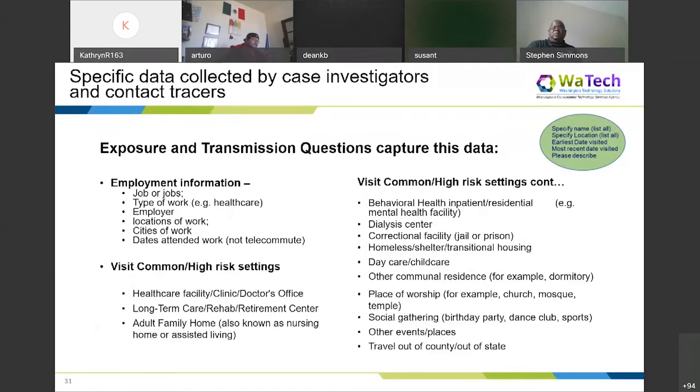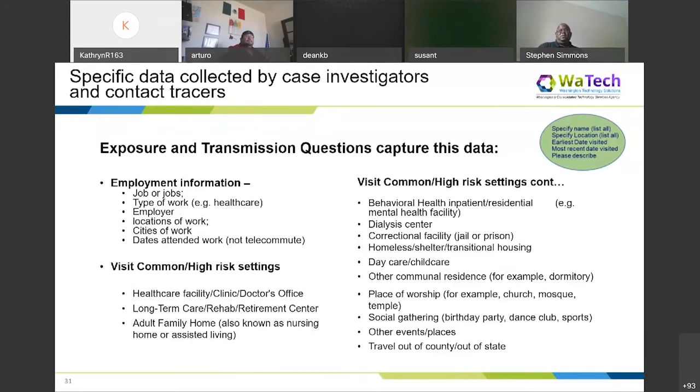And for traveling out of country and out of state, this is a lot of the contacts for people that fly into the States. A lot of that is done by the CDC instead of Washington State volunteers or employees.